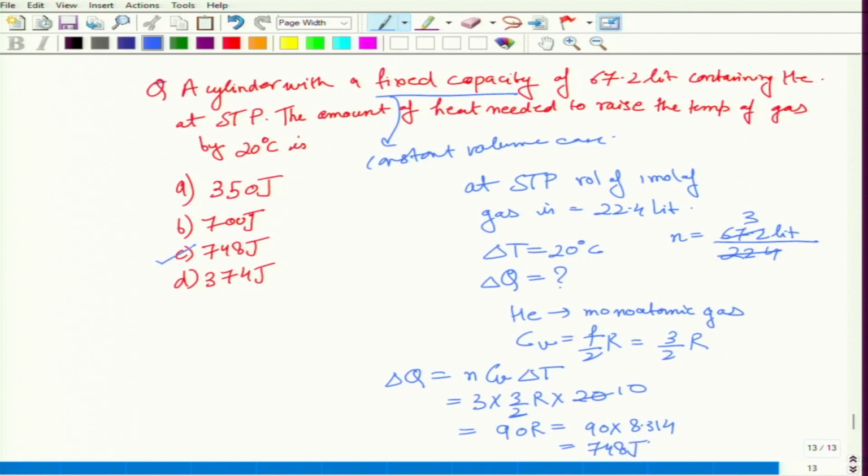So the correct option is this. With this I end this lecture, and in the next lecture we will start with work, and then go on to discuss the first law of thermodynamics. I hope you will be able to understand what heat is. Thank you.